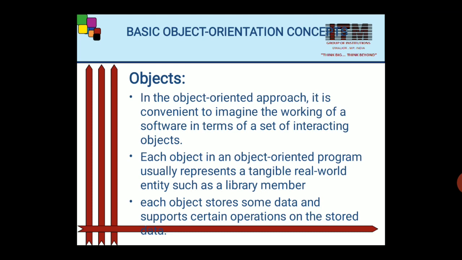So in an object-oriented library automation software, analogous activities involving the book objects and the issue register objects take place. Each object in an object-oriented program usually represents a tangible real-world entity such as library members, books, issue registers and so on.